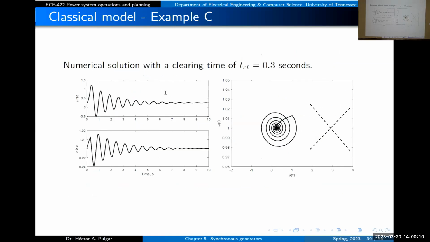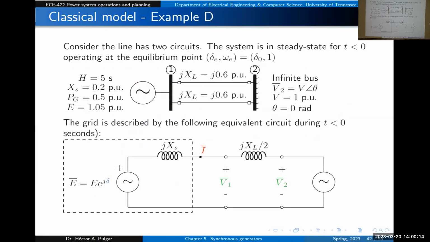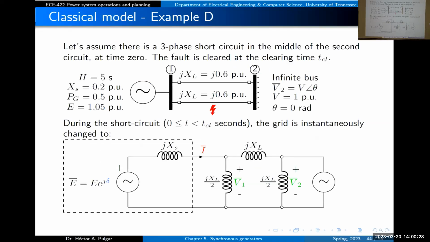We ran some simulations, and also we considered other cases of the disturbance. This is not a self-clearing fault, but a fault that is cleared by opening the breaker in the second circuit of this transmission line. So that's an example.